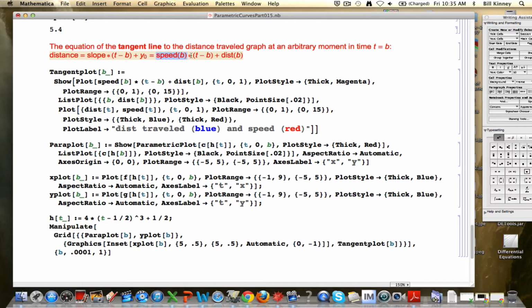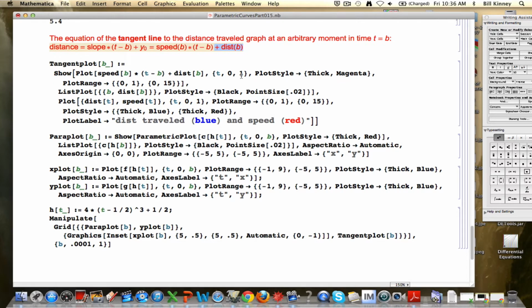Speed of b is the slope of that line and of the curve at that moment in time b. I've got to multiply that by t minus b and then add the second coordinate of the point that I'm thinking about, which is the output of the distance function at time b. Spend some time thinking about that if that was confusing. So then I have this code that I can enter, and we have this example we were thinking about.